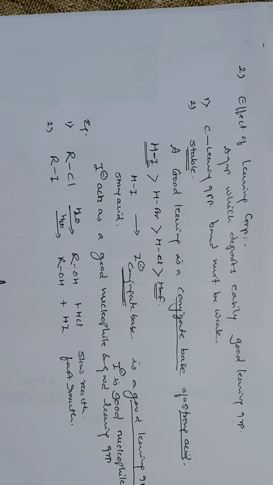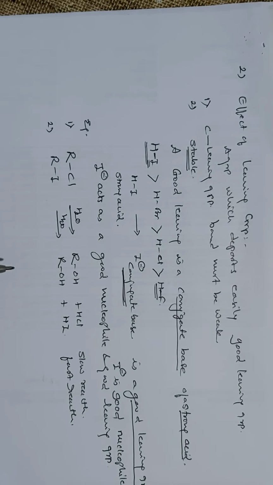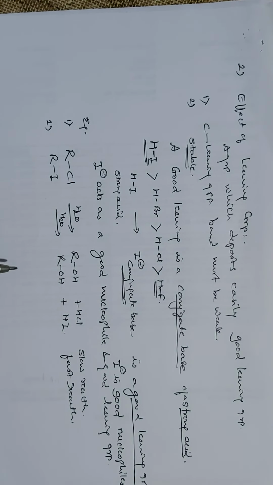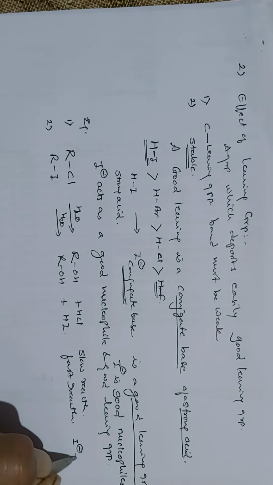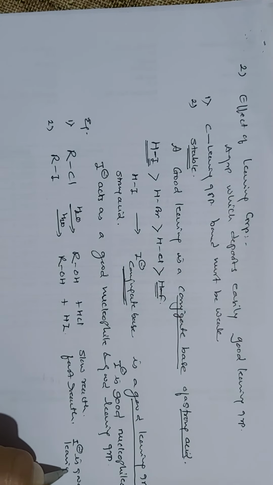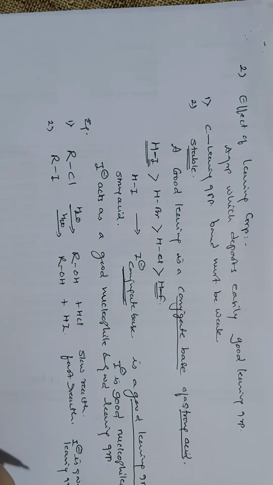So the second reaction is faster because I minus is a good leaving group, and so it breaks the bond easily.